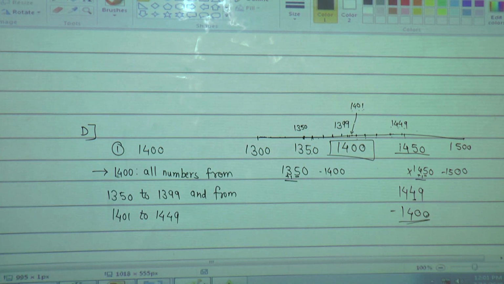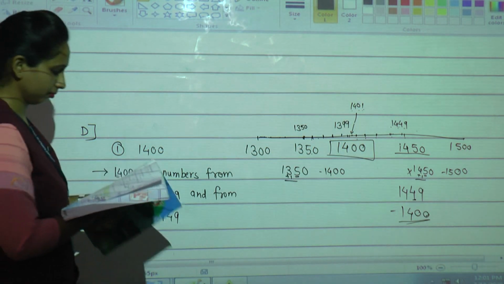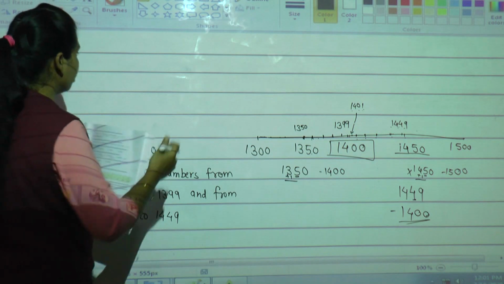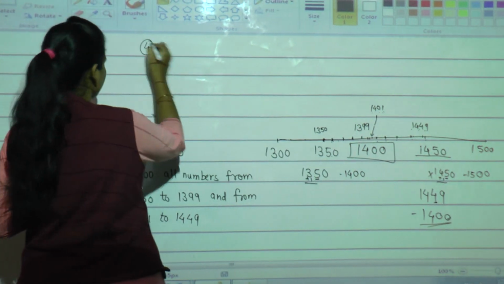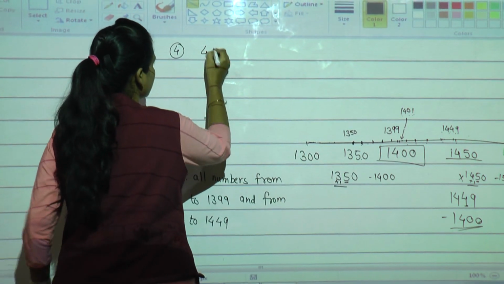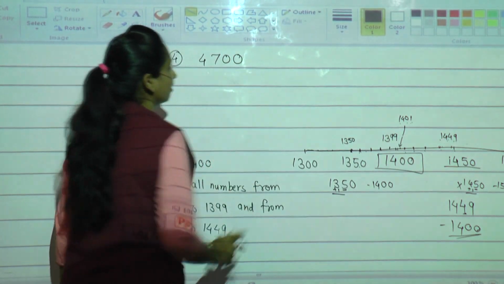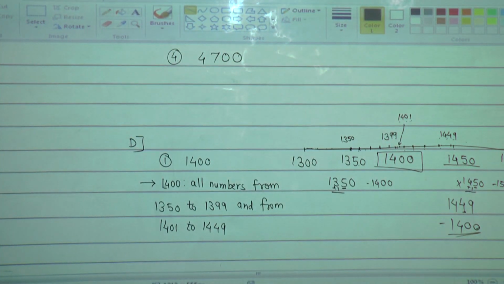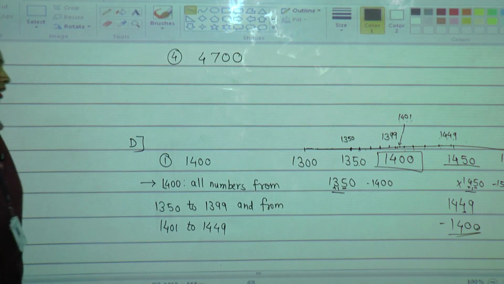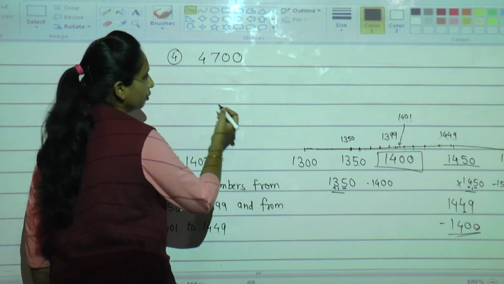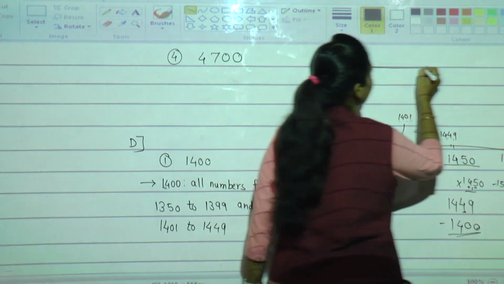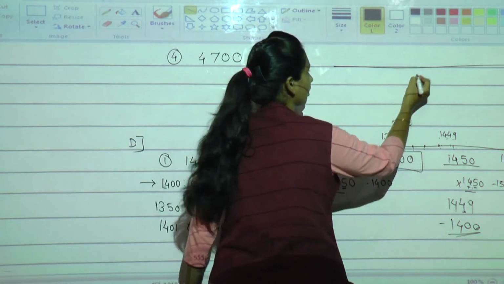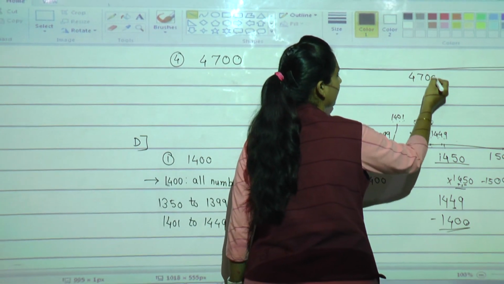Now we will solve the fourth number. What is the fourth question? 4700. Okay, this is the question. Now see, we have to draw a number line of 4700.